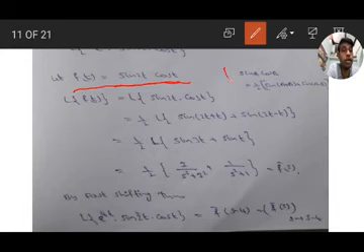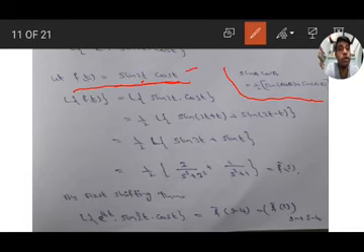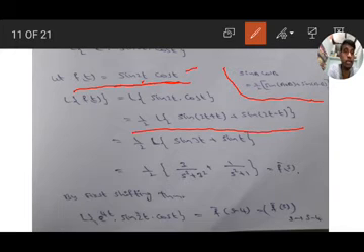We don't have a formula for sine 2t cos t, so we use the trigonometric formula for sin A cos B, which is 1 by 2 into sin of A plus B plus sin of A minus B, where A equals 2t and B equals t. By substituting, we get 1 by 2 L of sin 3t plus sin t.